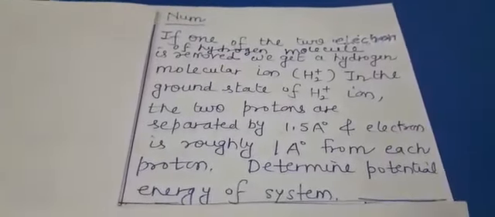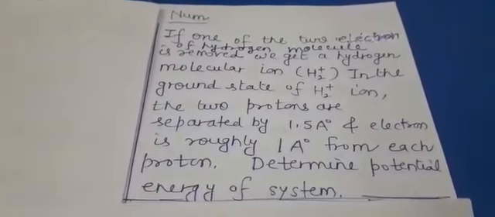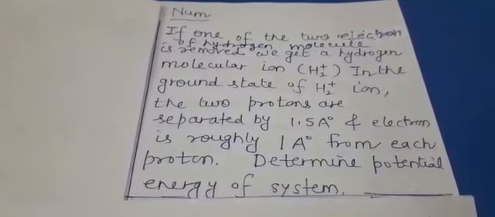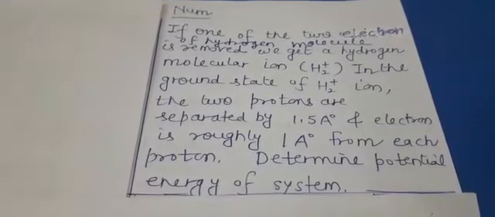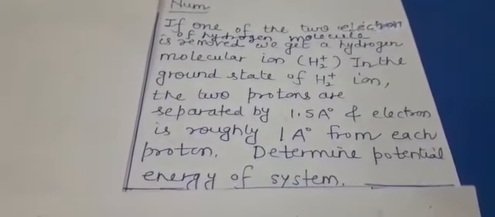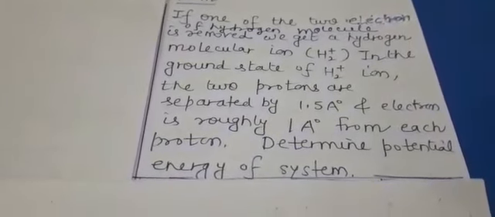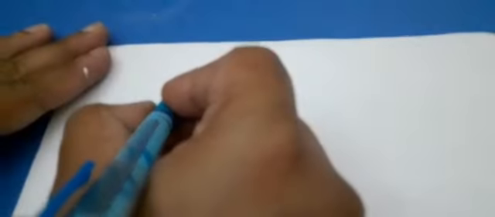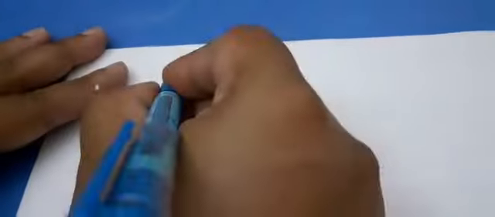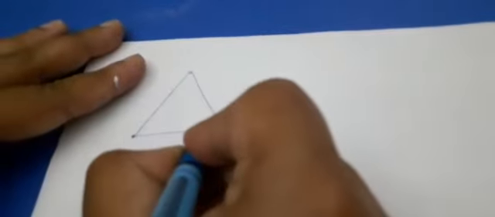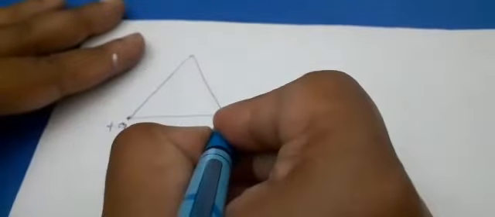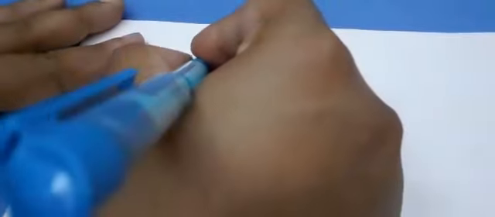As one of the two electrons of the hydrogen molecule we have taken is removed, we get a molecular ion H2 plus. Now see, here it will be two protons and one electron.